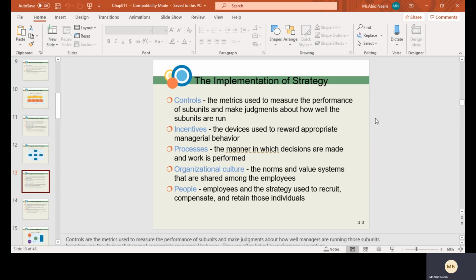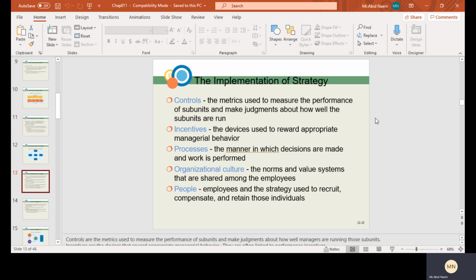Now, incentives are the devices used to reward appropriate managerial behavior. Now we have to understand appropriate managerial behavior. It should be correlated with the organizational objectives where personal clash should not exist. Personal interest should never be superior as compared to organizational interest.